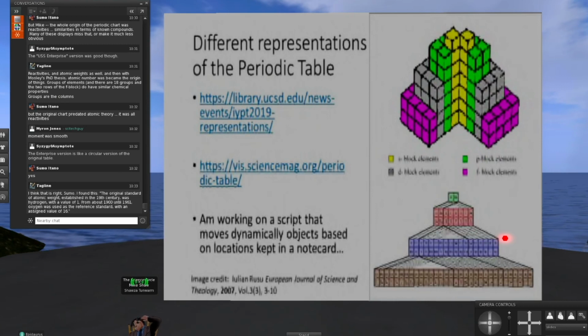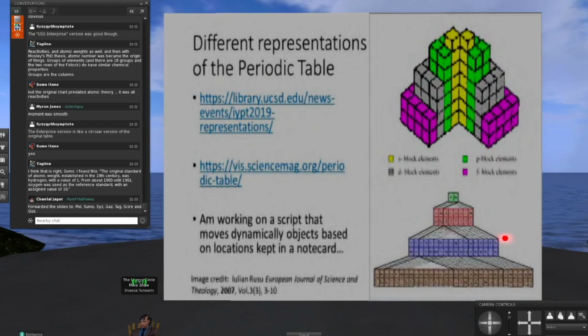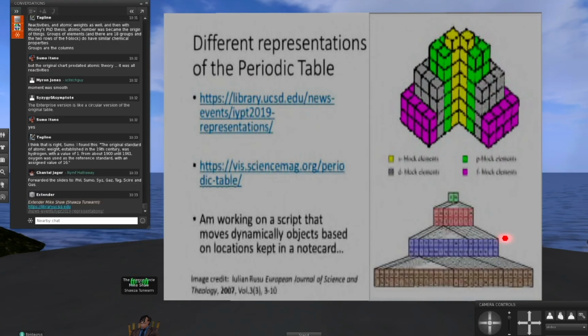All right. So yeah, I've been saying I would be showing people these different representations. Let me put those in the chat. Control V. Phil sent me that link, and that link has some really nice history.